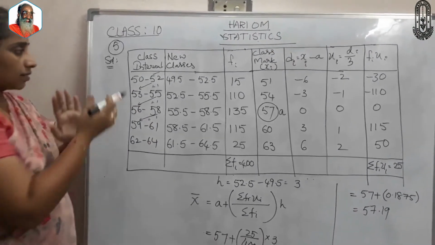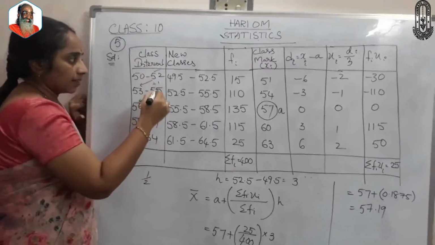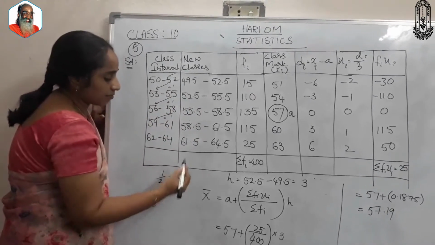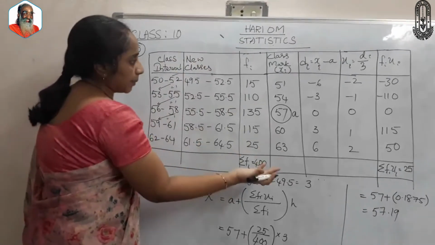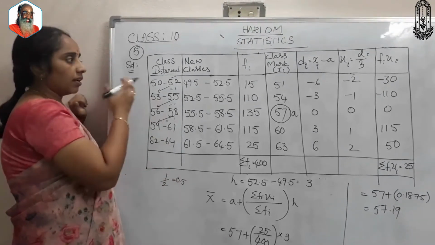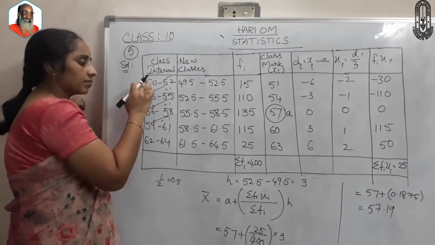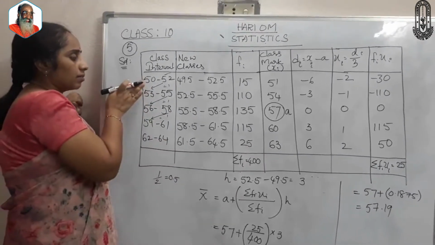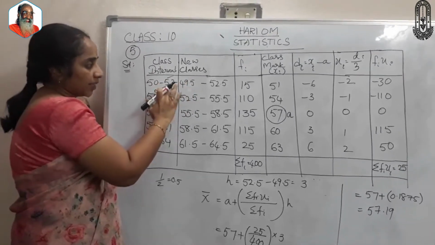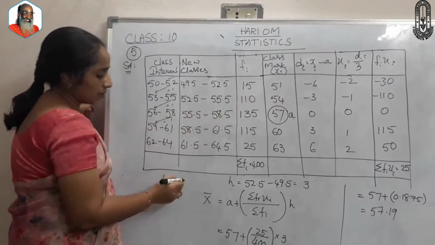So here that 1 we can divide by 2, so to change these classes, we have to add this 0.5 to the upper limit and subtract 0.5 from the lower limit. By subtracting this 0.5 from this 50, you will get 49.5. 52 plus 0.5, it is 52.5.